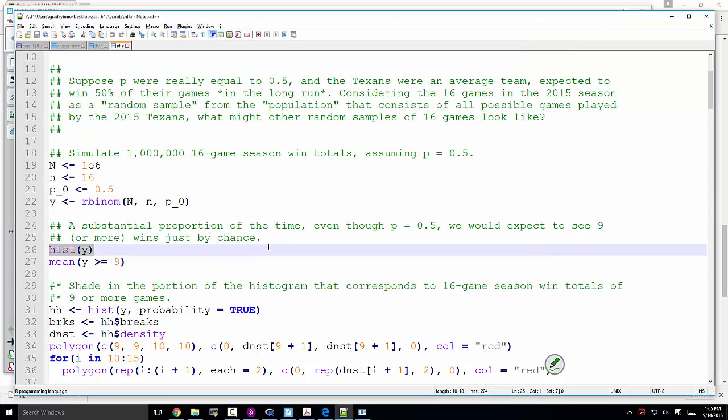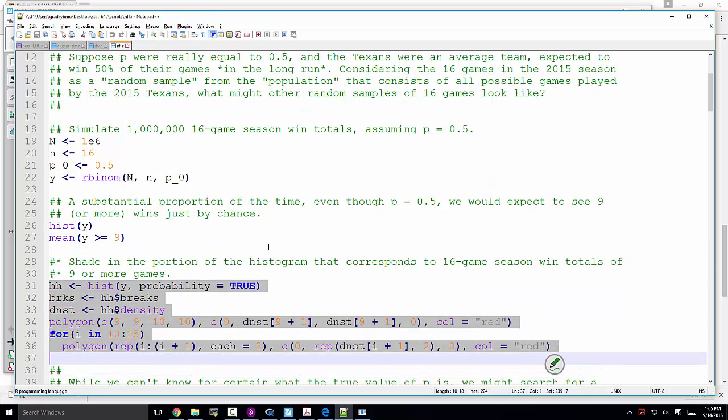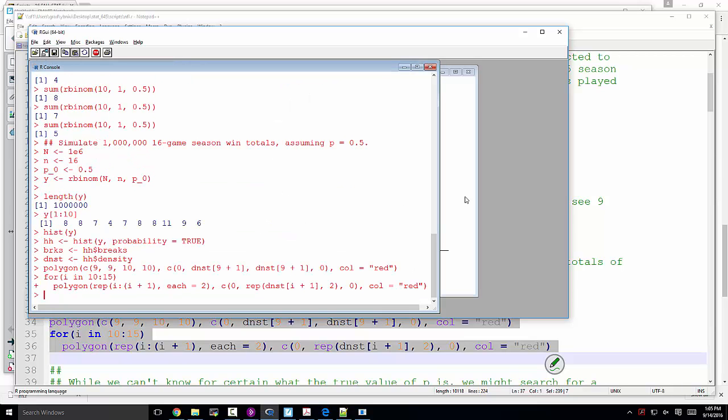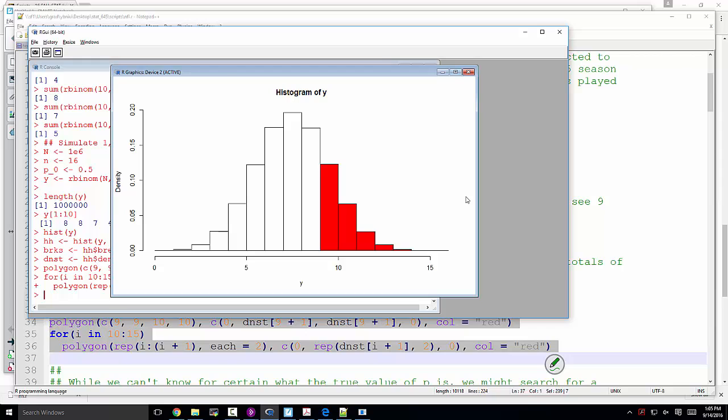So what might we do with this information? One thing we could ask is, okay, if the truth is 0.5, how likely would it be that we would see 9 wins or even more just by chance? We're trying to ask, are the Texans a better than average team? Their p-hat, 0.5625, is bigger than 0.5.